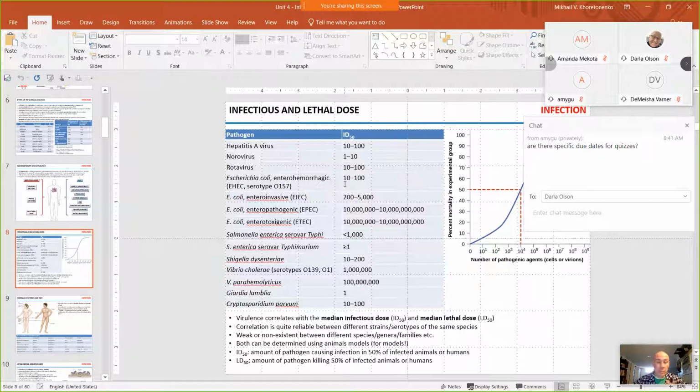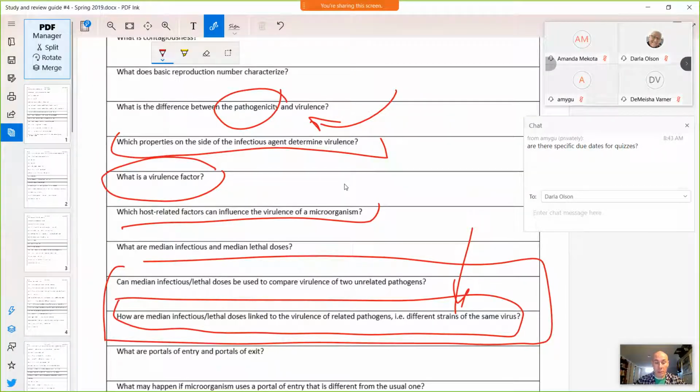And it's diarrhea, dysentery, hemolytic uremic syndrome, all kinds of crazy stuff. So basically, regarding this one statement, we can say that the lower the median infectious or median lethal dose, the higher the virulence. It's like the smaller amount of poison, okay? I hope it makes sense.